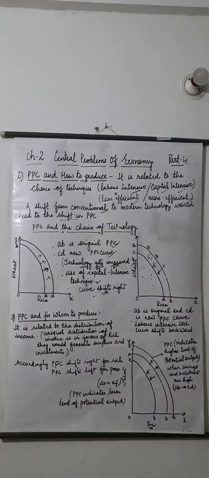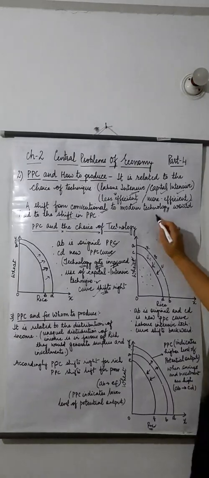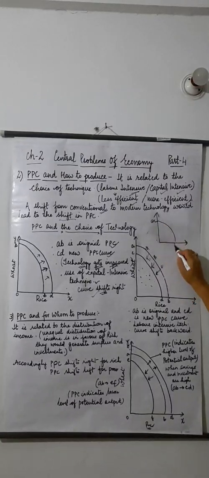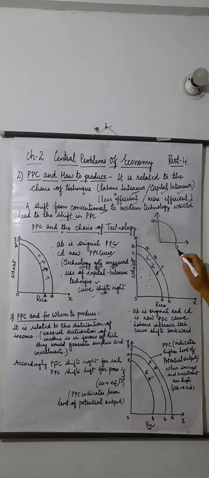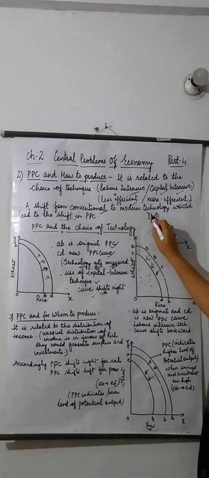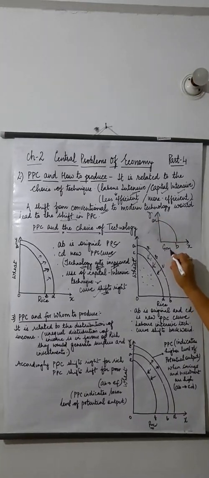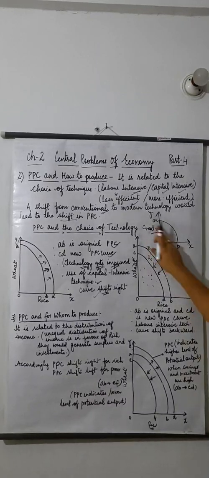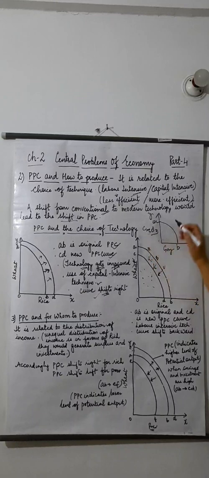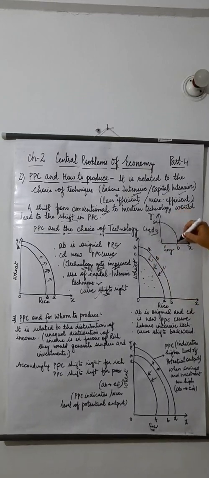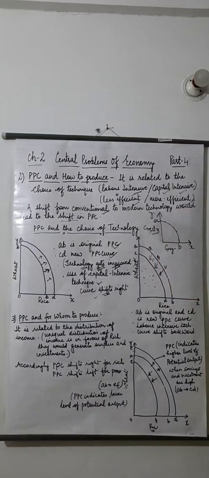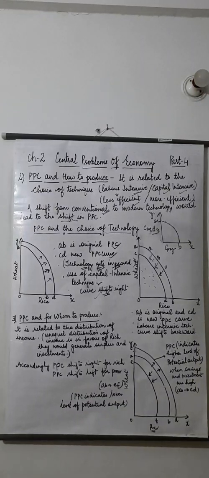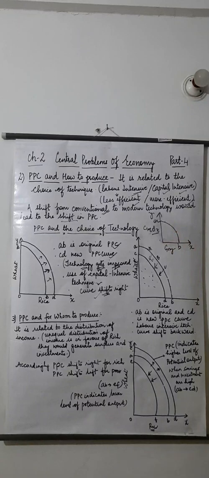Students, I have told you that in general we have this standard PPC curve with A and B, the PPC curve, X and Y axis, good Y and good X. Now, students, all the points that we are showing, I have explained to you, are all possible combinations. We have got all potential output over here.